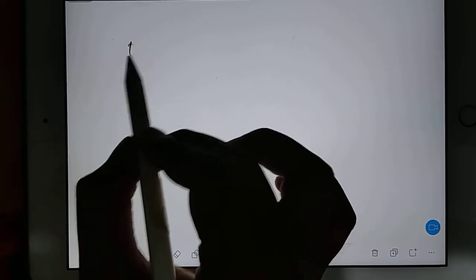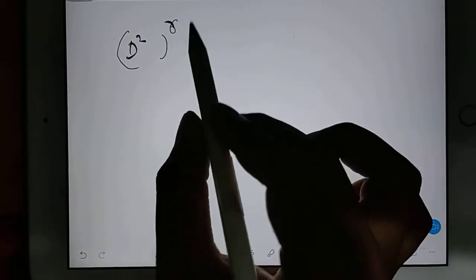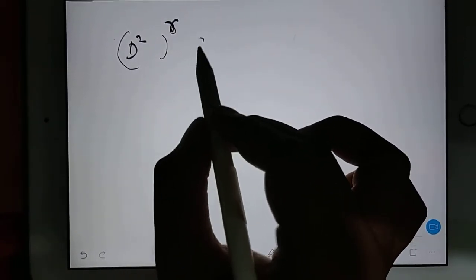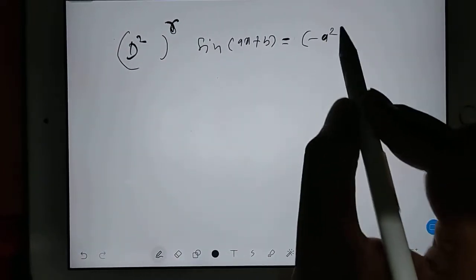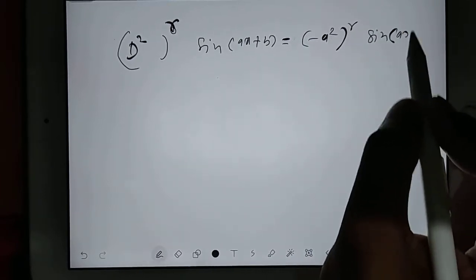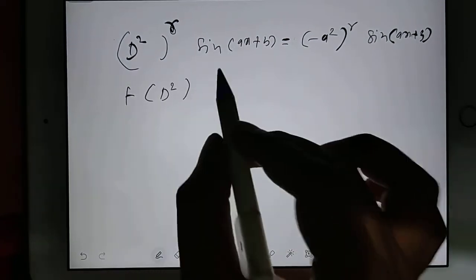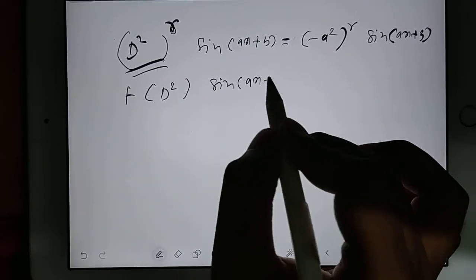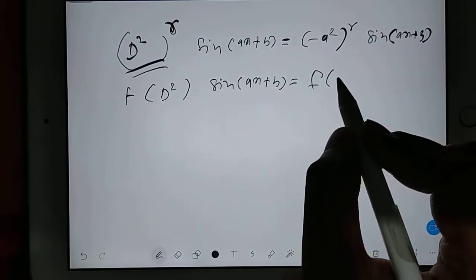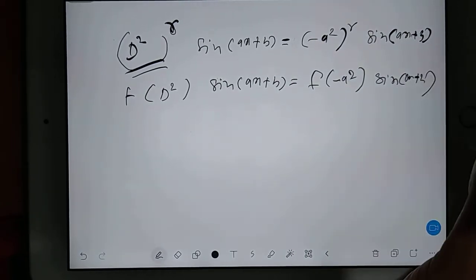So it means whenever it is written like d square whole power r, or n, whatever is comfortable, sine ax plus b, then it will be like minus a square power r sine ax plus b. Now in this, because we got the function now, f of d square sine ax plus b, you can write as f of minus a square sine ax plus b.